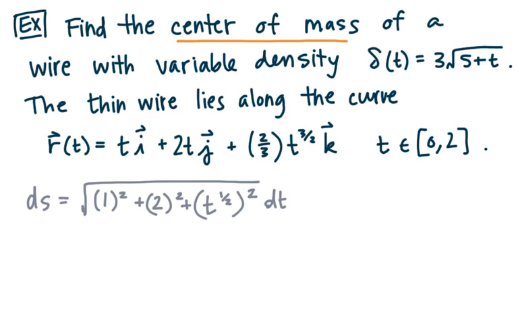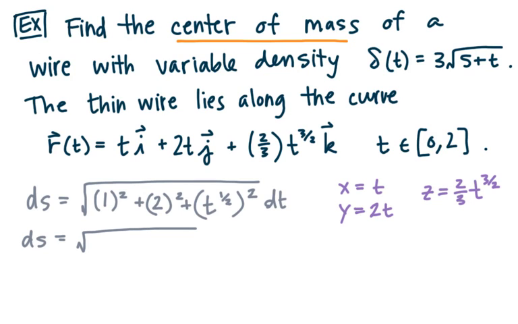Just to make sure we know where all of those derivatives came from, we had x equals t, y equals 2t, and z equals 2/3 t to the 3/2. So I'm going to simplify ds here, and I get the square root of 5 plus t. And of course, we've got our dt at the end.